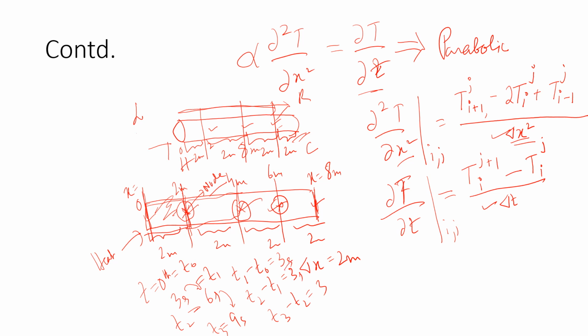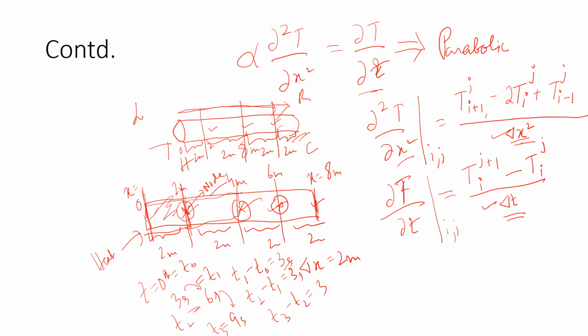Hence, this 3 seconds is nothing but this del t, the time increment. So this del x is the spatial increment in the x direction, and this del t is your temporal increment. And we want to know the temperature at these nodes after a certain time del t, right?